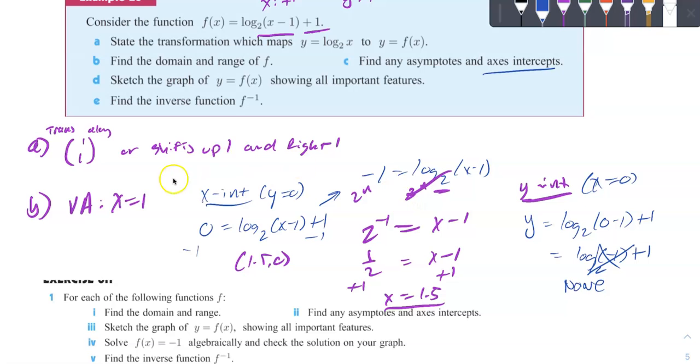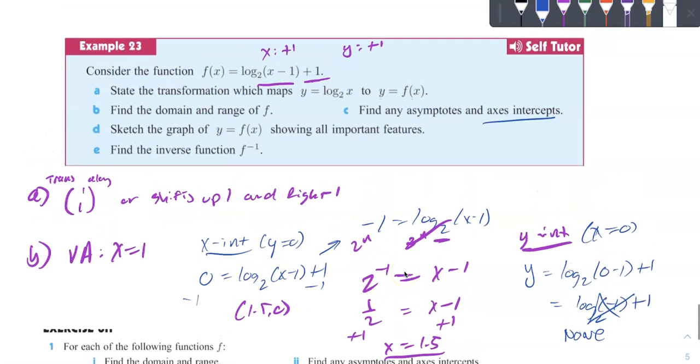So we have our vertical asymptote. We have our x-intercept. And they want us to graph this. So I'm doing it like that. Our vertical asymptote is at x equals 1. And we're going to cross at 1.5. So here's my vertical asymptote. Now normally we'll cross 1 to the right of it, right? My a is 1. But there's a shift here. So you cross 1 to the right, but then you have to move it up 1.